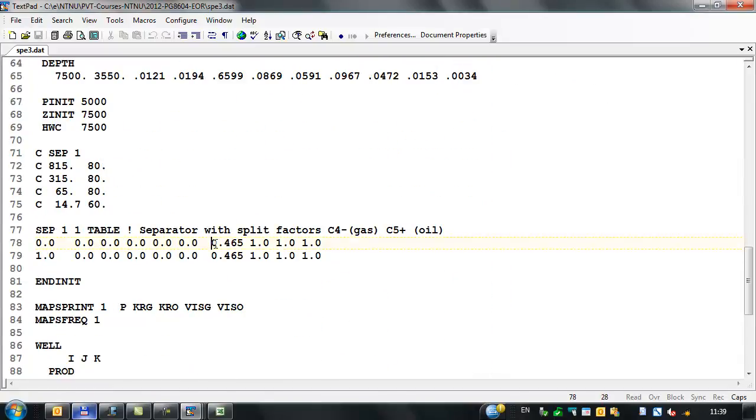Okay, I'm just going to make this 0. So the stock tank oil is going to be C7 plus. It's not a very efficient process, but for the sake of what we're doing, we're going to. So we're going to have C4 minus, and it's actually going to be C7 plus, and C6 minus.